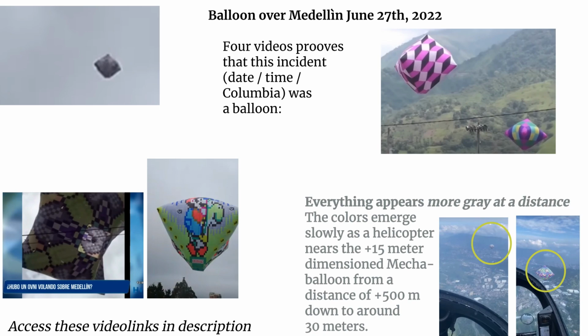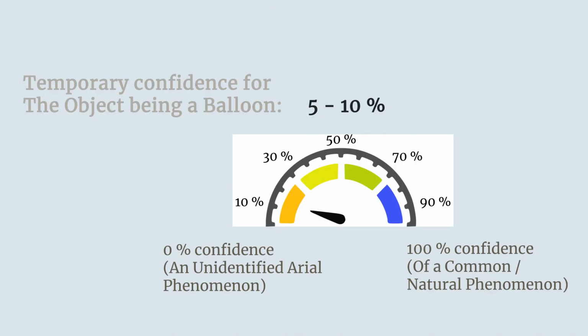The root cause lies within a giant hot air balloon tradition from the Mecha quarter in the city. Watch the links below for both Medellín sightings, the correlating news reporting, and balloon close-ups from the Mecha area.